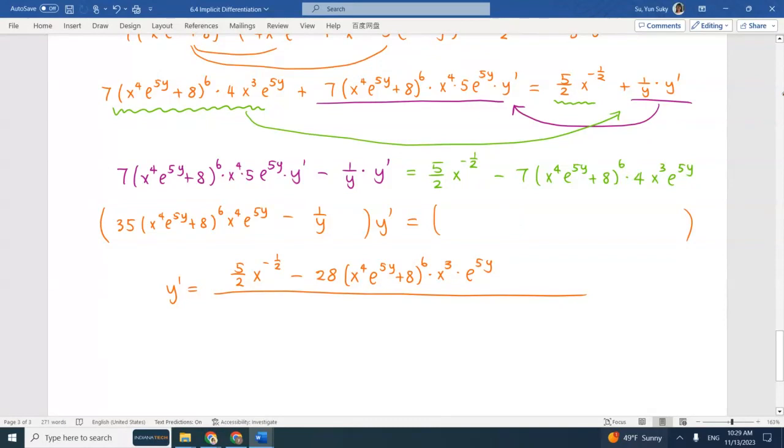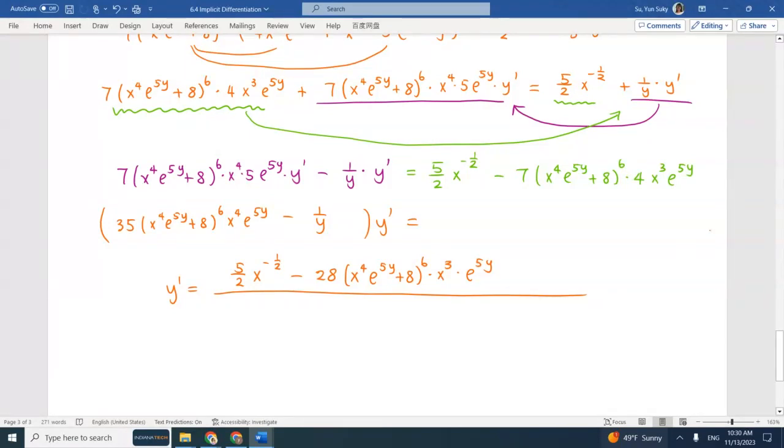So your left hand side, we factor out the y prime. So this is what's left. And then the right hand side is the same as this. Is that okay?